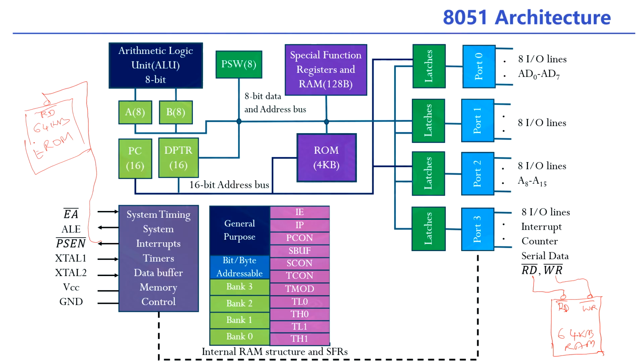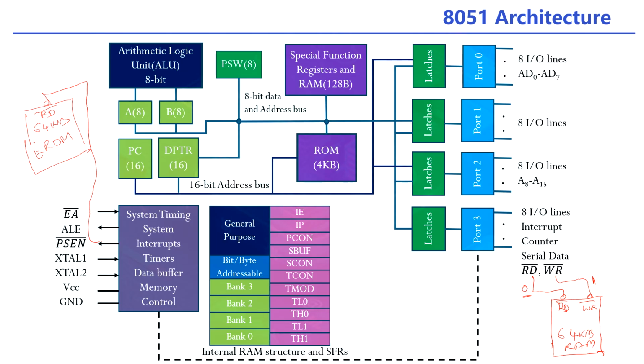Suppose the 8051 microcontroller needs to read the data from external data memory, then it will assert logic 0 on RD bar. Whenever it asserts logic 0 on RD bar, the 8051 microcontroller is reading the data from external data memory, and the write bar signal is equal to 1.